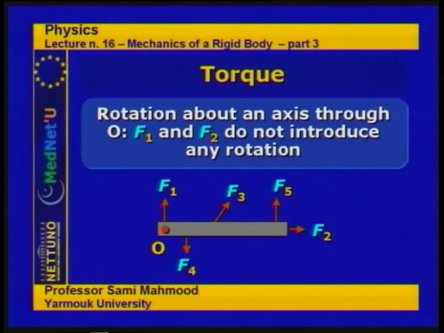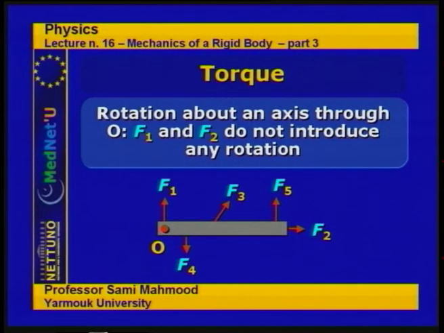So in general, we realize that this rotational effect under the influence of the force depends on the magnitude of the force, but not only on the magnitude, because, for example, the rotational effect of F1 and F2 is 0, which means that the rotational effect depends on another factor.